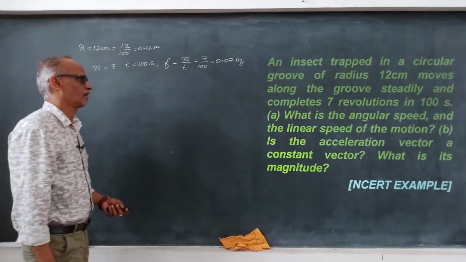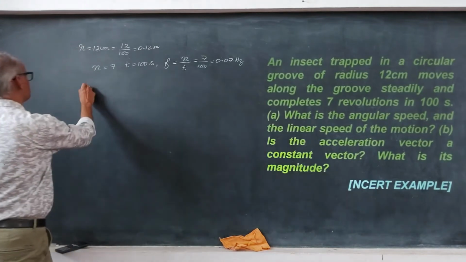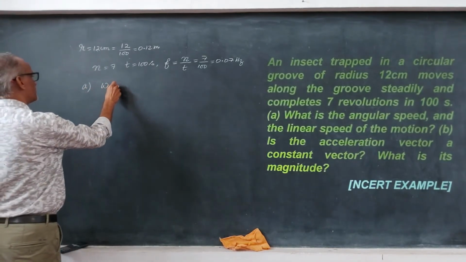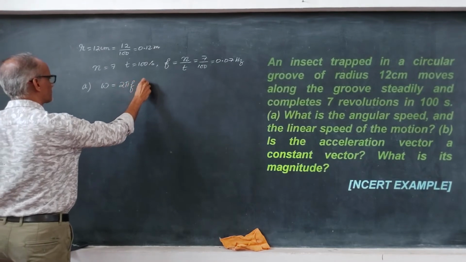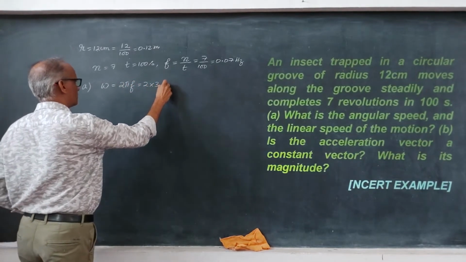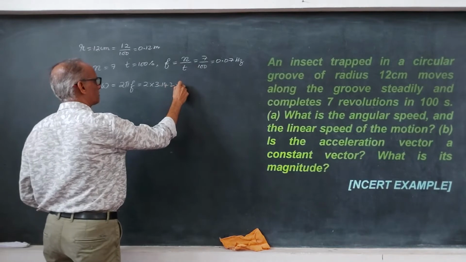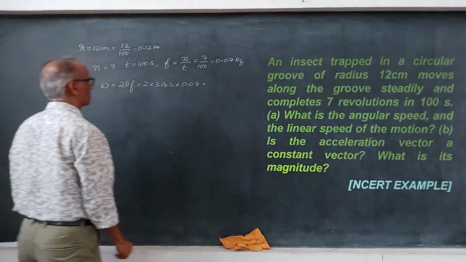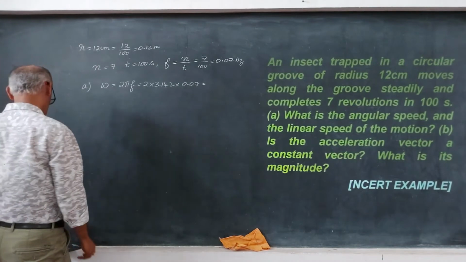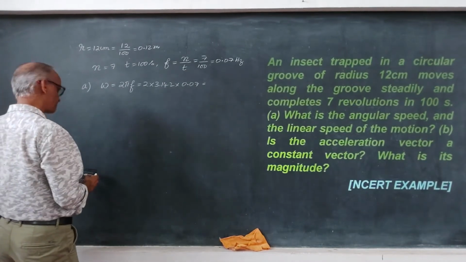First option. What is the angular speed? Angular speed means we have to find omega. Omega we can find using 2 pi f. 2 into pi, 3.142, f is 0.07. Okay. So, we can calculate this.